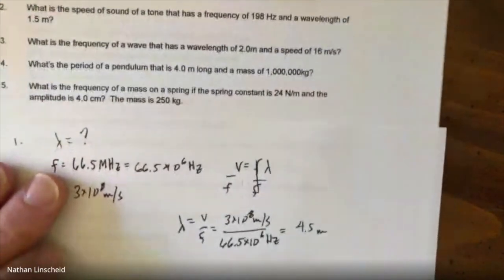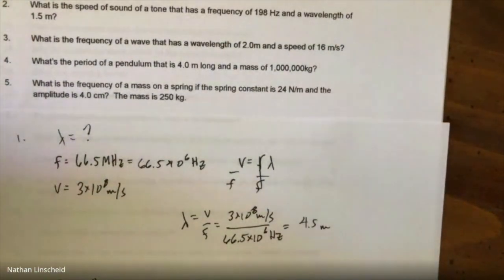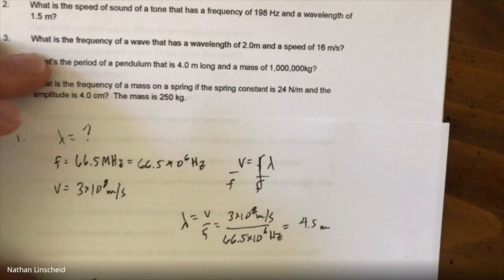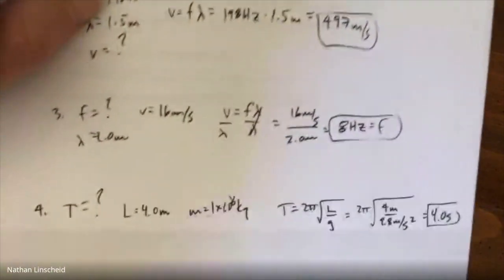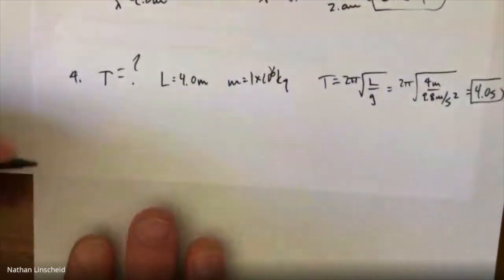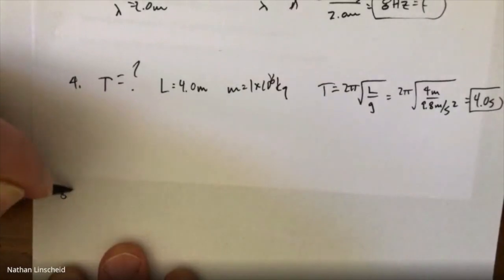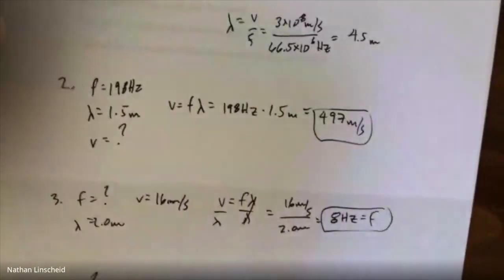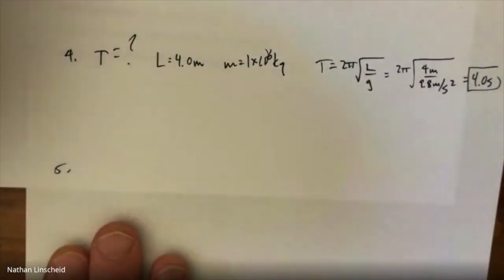Number 5. What is the frequency of a mass on a spring if the spring constant is 24 newtons per meter and the amplitude is 4 centimeters, the mass is 250 kilograms. All right, so now this is a mass on a spring problem, and the mass does matter for masses on springs. So what do we know here again?